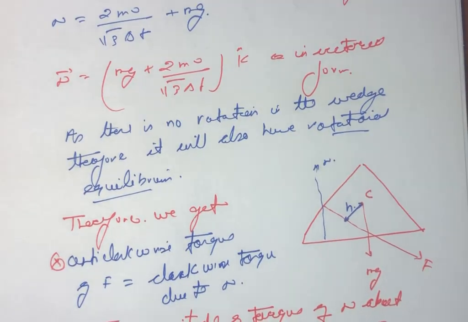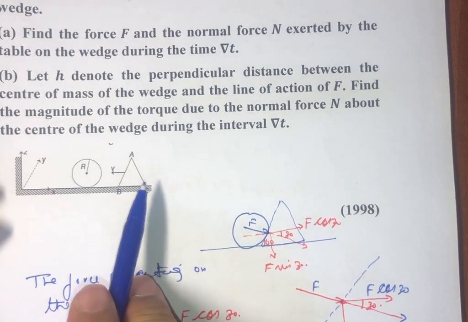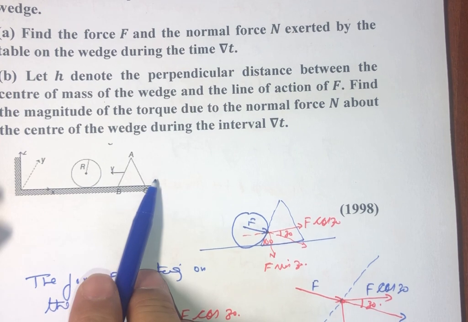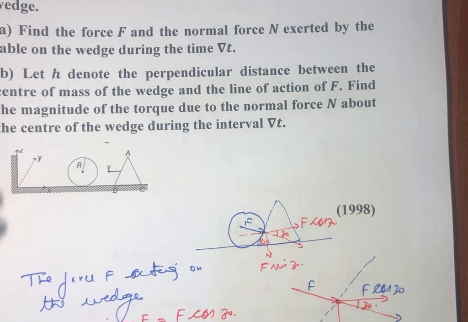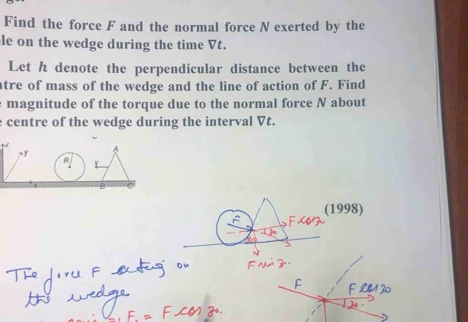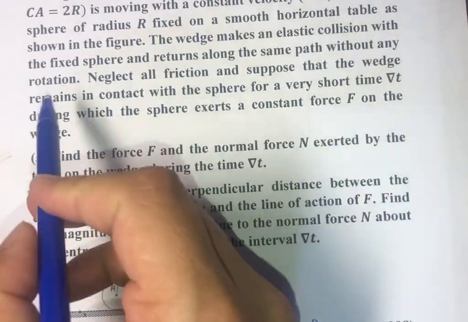So in this question there were two important things. First of all, it is given that the entire motion is only along the x-axis, so we consider only the force acting along the x-axis. And secondly, it is given that there is no rotation.